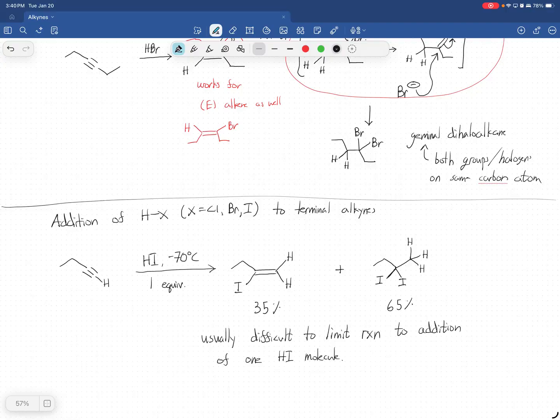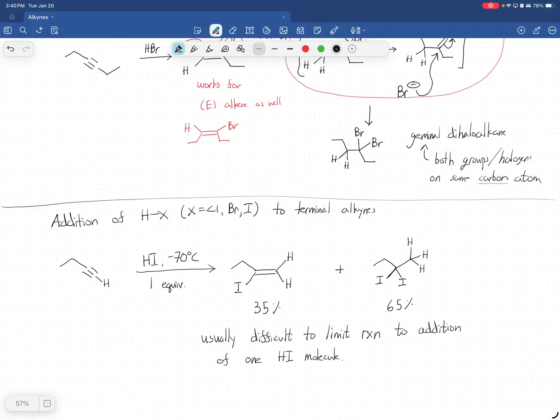So you have 1 mole of alkyne, and you only add 1 mole of HI. You can't just stop at 1 HI molecule. Once the alkene forms, another molecule of HI will just add to that because now it's technically more reactive because of the iodine in there. So it's very hard to stop.